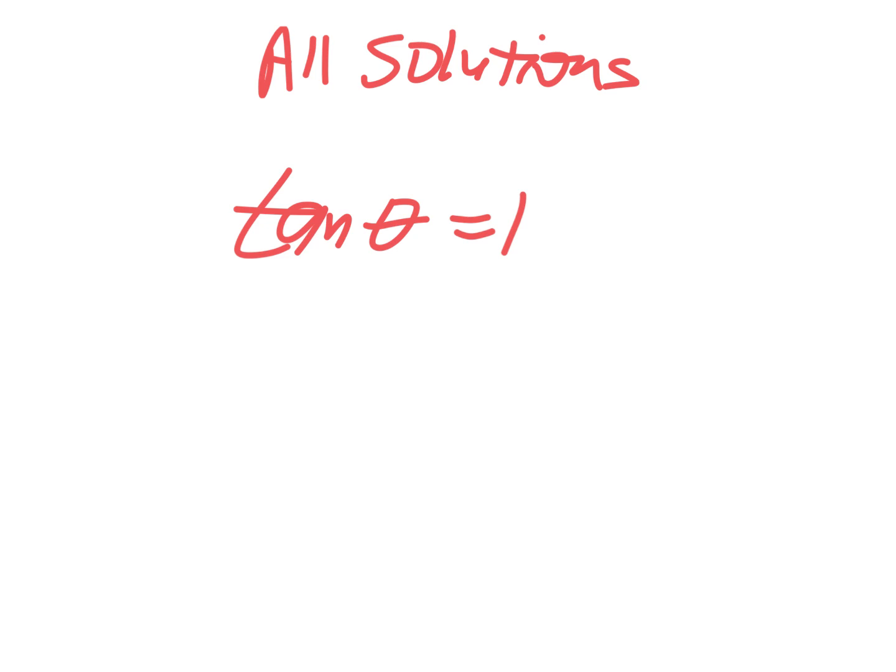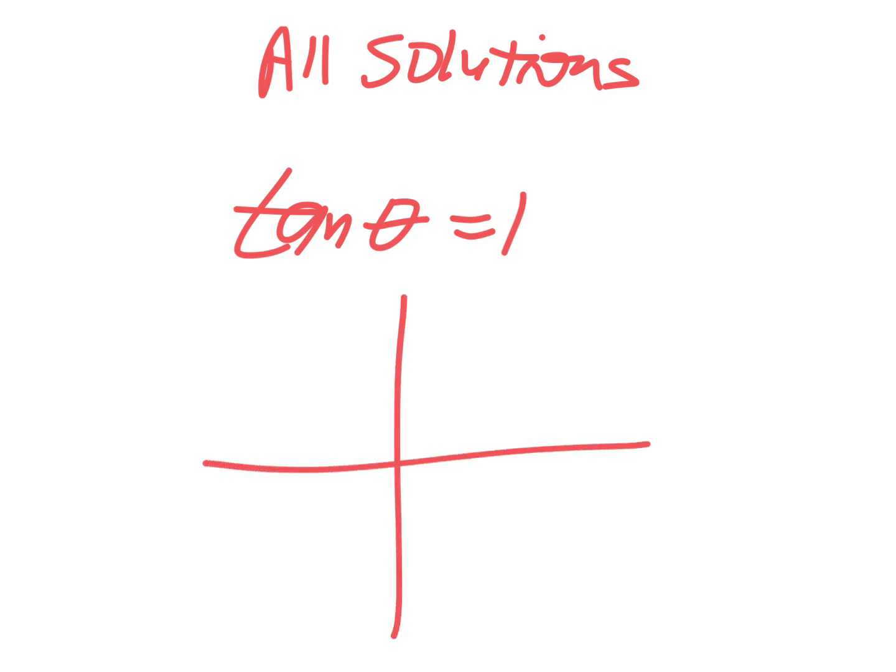Now, a whole bunch of things to review. Here's another easy one, except I want all solutions. So that should just tell you, just add the plus 2 pi k onto it. For tangent of theta equals 1, this is not a quadrantal. A lot of people think, oh, yeah, it's got a 1, and if there's 1s and 0s, it's probably a quadrantal.